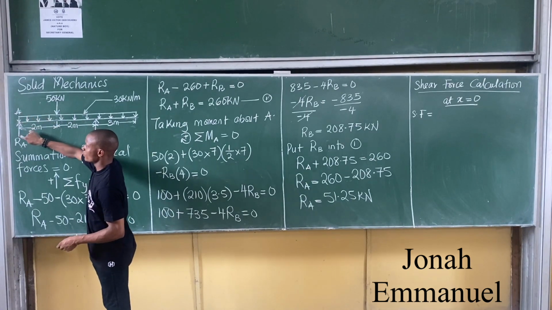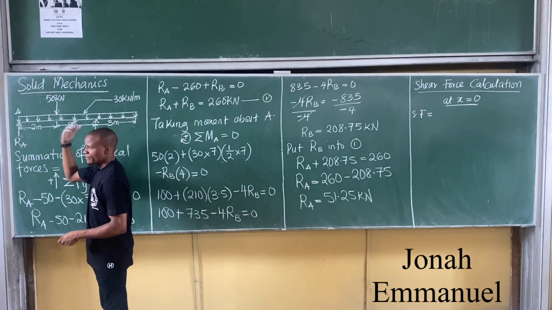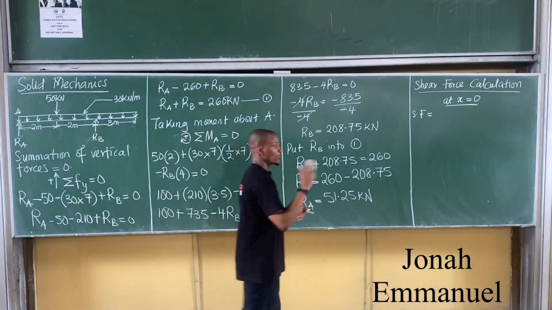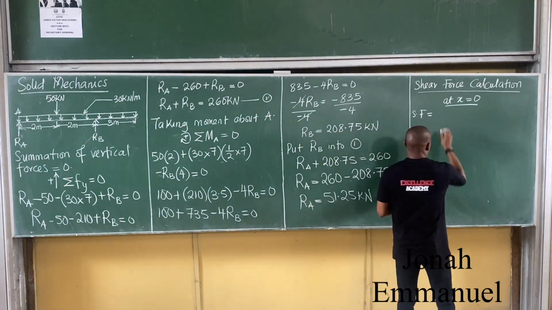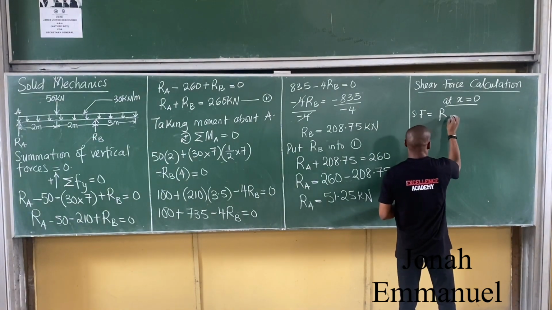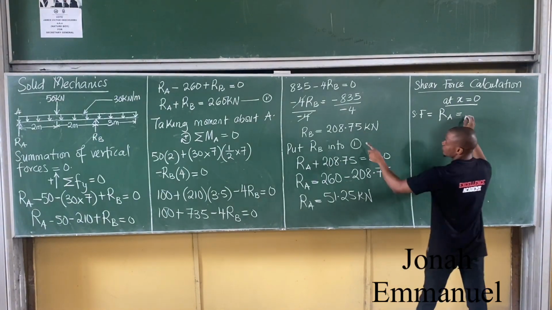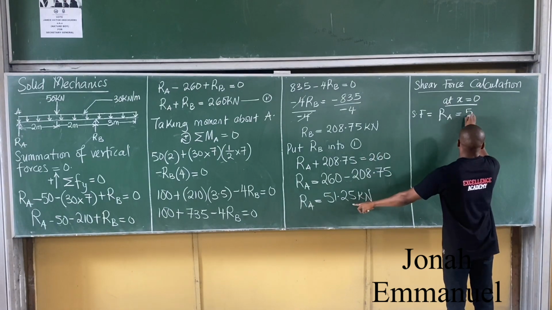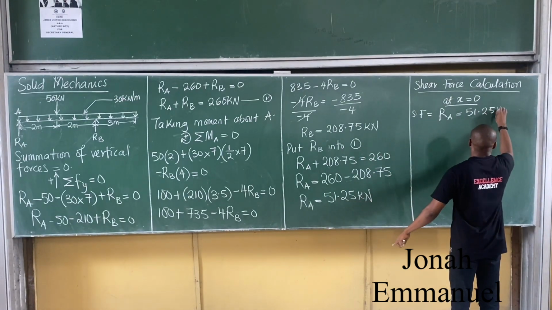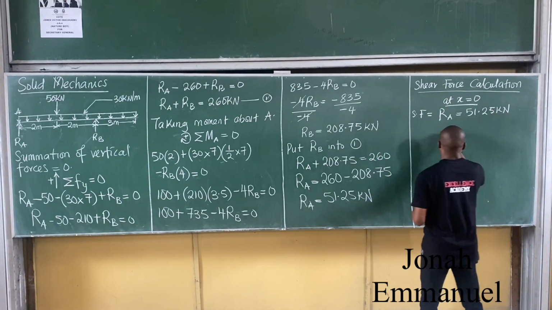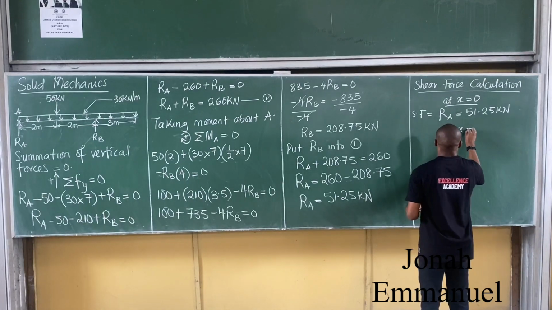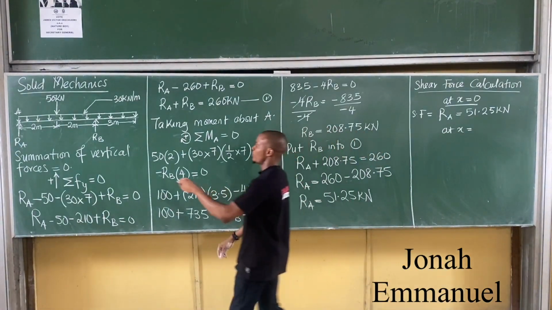I can only see arrow A going upwards, so it becomes positive. So I have arrow A, and the value of arrow A is 51.25 in kilonewton.